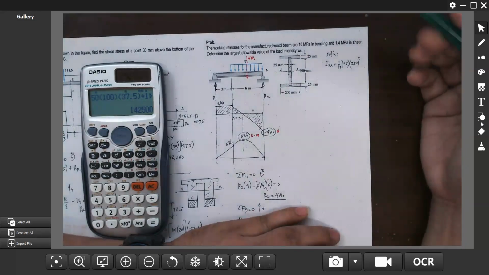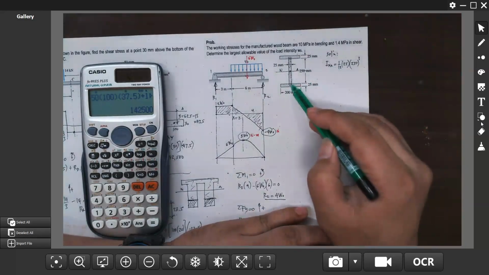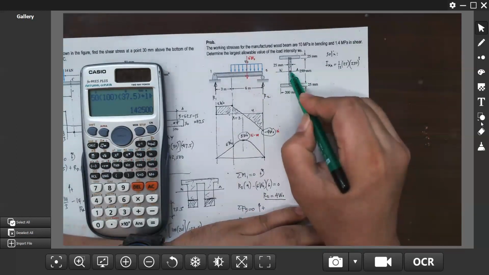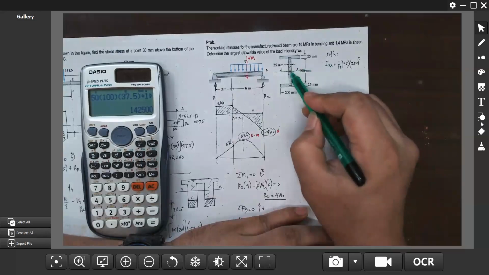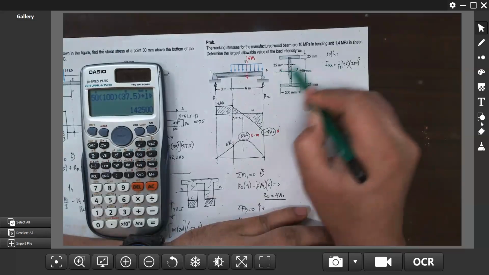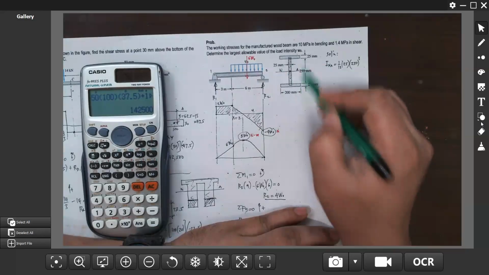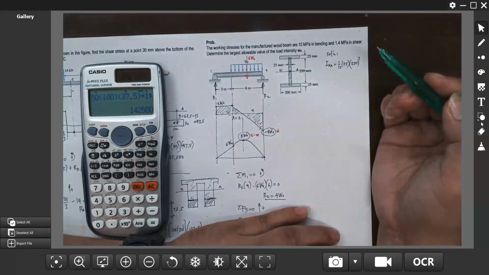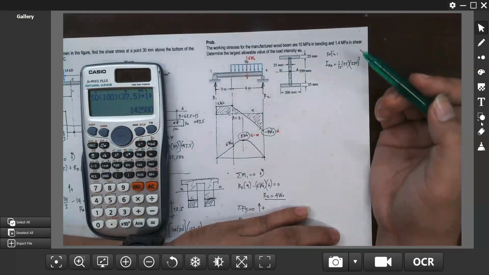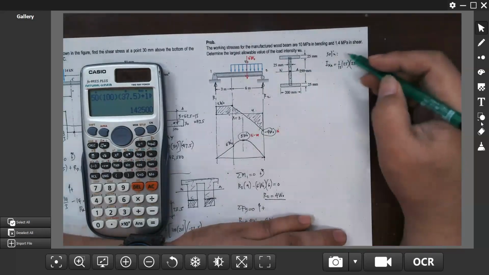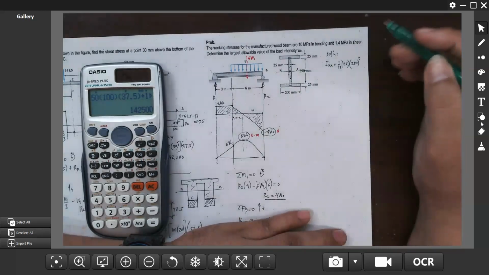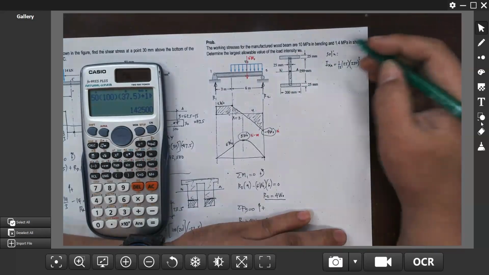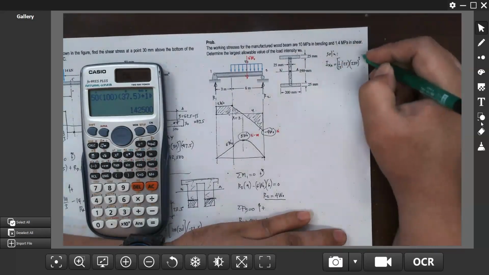Plus area d squared. For this element, its centroid coincides with the centroid of the whole cross-section. Therefore, D is 0, so there is no transfer term for element 1.